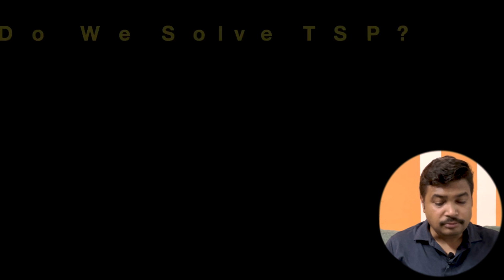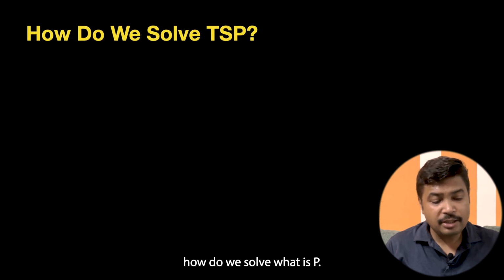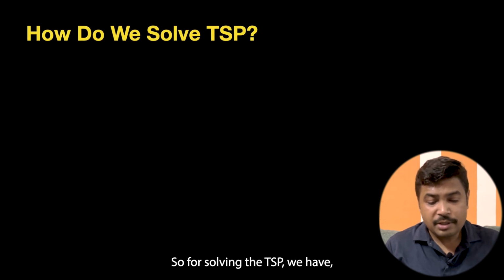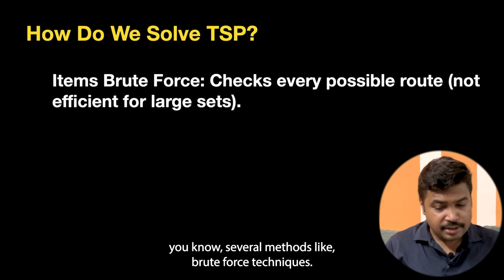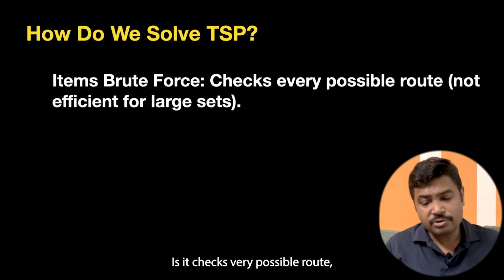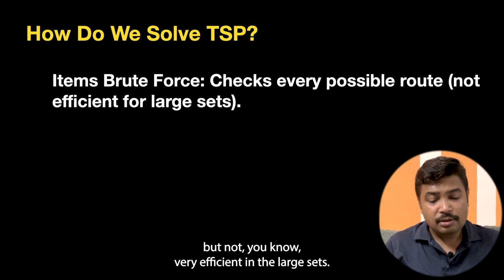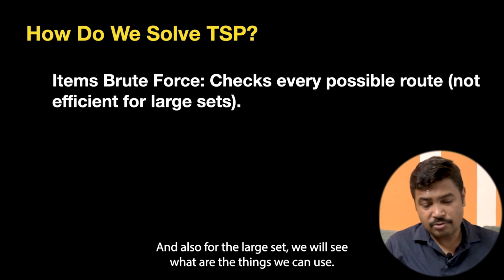Next we will see how we solve TSP. For solving TSP, we have several methods, like the brute force technique, which checks every possible route but is not efficient for large sets. For large sets we will see what we can use.